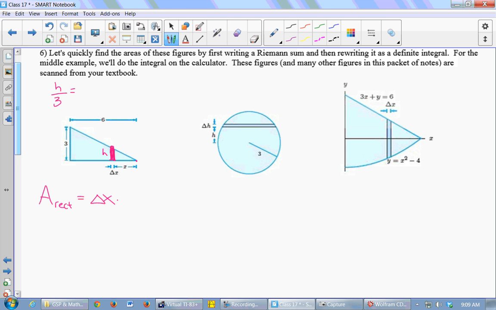Right, the height of the little one is to the height of the big one as close, not delta x, but x, yeah. x would be the base of my little triangle, 6, the base of the big triangle. And then I would solve this for h, so that I would be able to have only x's in my formula. Okay, so this says that h is x over 2.